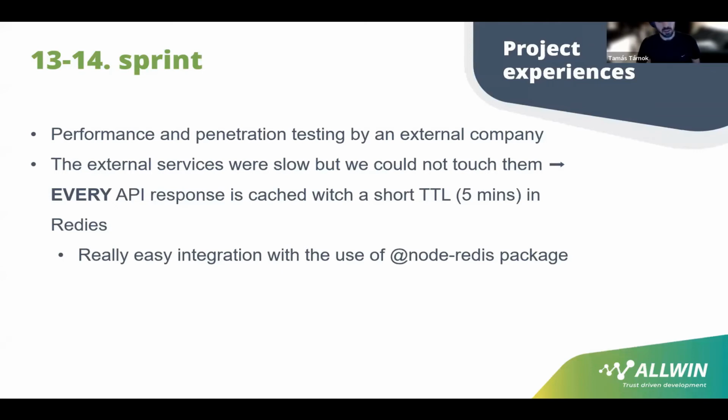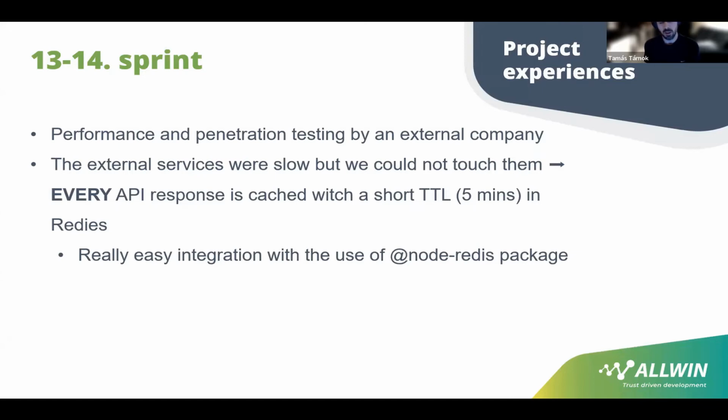So in the last few sprints, after everything went fine, we got the performance and penetration testing by an external company, and we also had to do some fixes here.